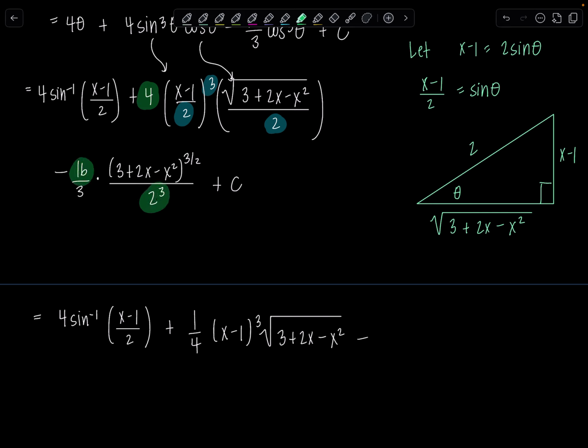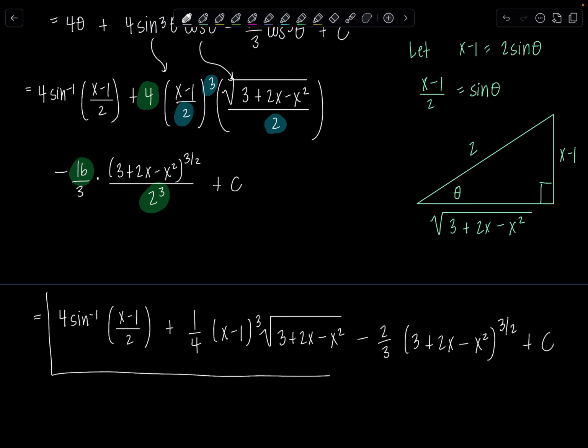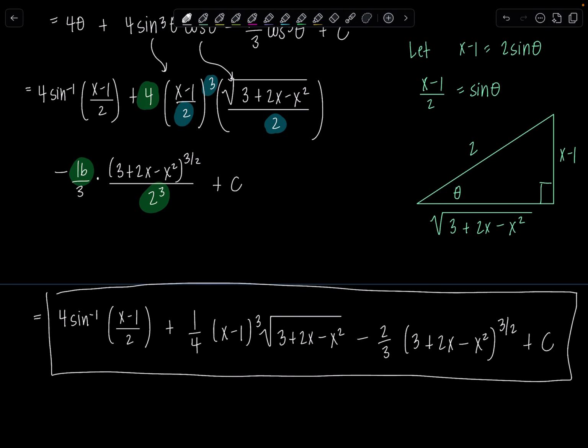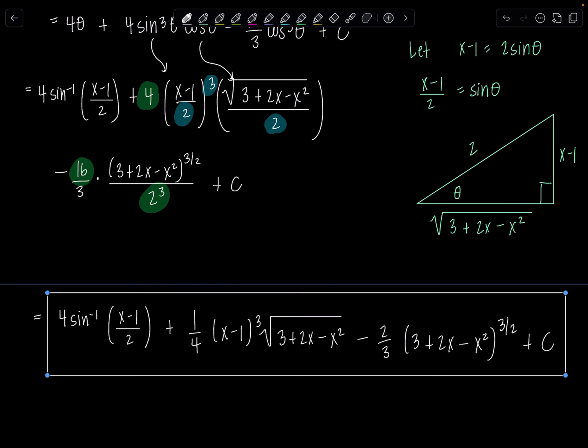This is an 8, 16, so that'll cancel. I'll have the 2/3, 3 plus 2x minus x squared to the 3/2 plus c. I think we're done. Let me just double check with the first time I did it. Yes. Beautiful, beautiful.